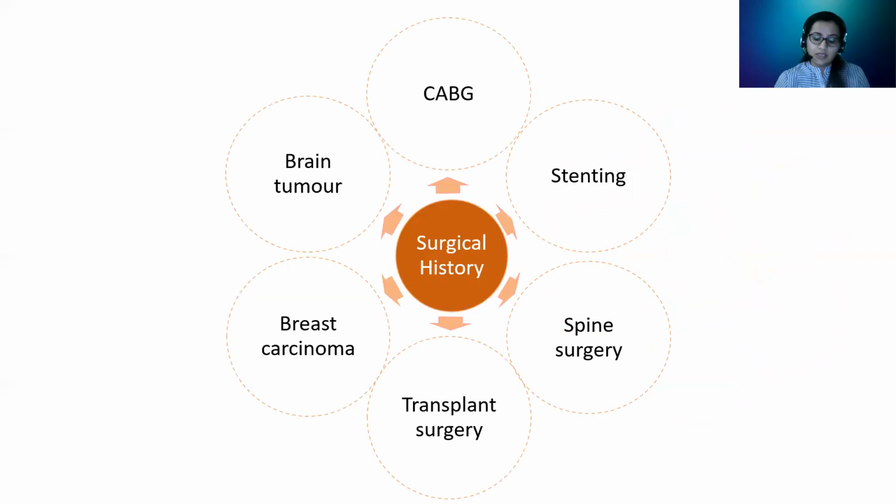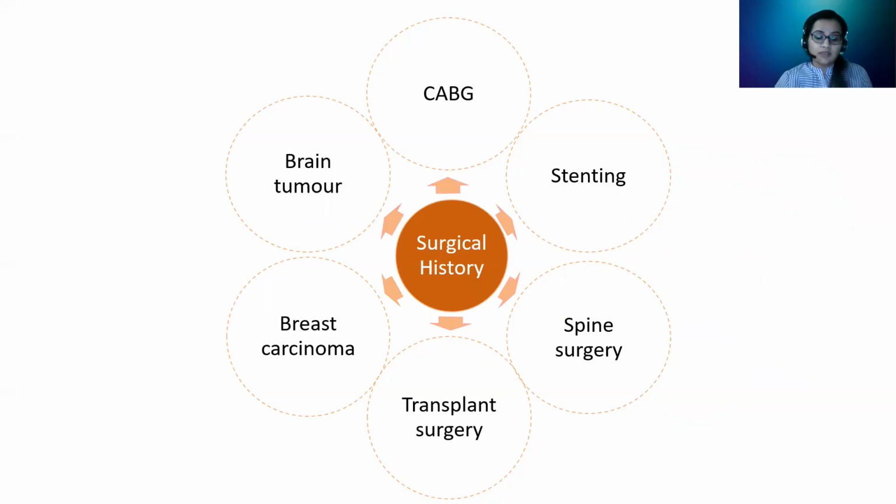A detailed surgical history is also equally important because patients with CABG or cardiac stenting might be on antiplatelet therapy. Previous spine surgery and fixation may make administration of neuraxial anesthesia difficult in elderly patients with already compromised spinal anatomy.